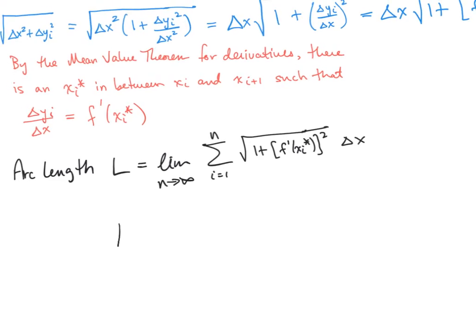So L is equal to the integral from a to b, the endpoints, of the square root of 1 plus f prime of x, it just turns into those x sub i stars, we're taking the derivative at a point, squared, dx.